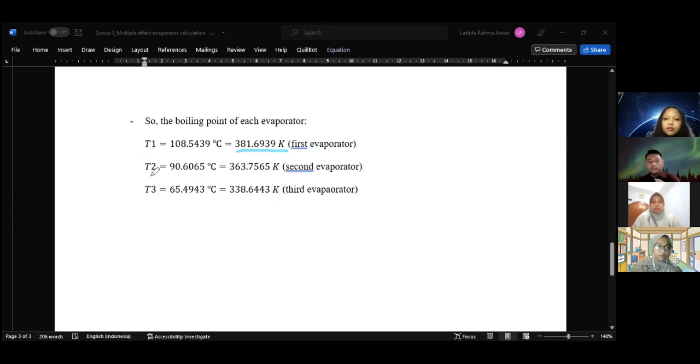For the second evaporator, T2, it is equal to 90.6065 degrees Celsius, which is also equal to 363.7565 Kelvin. And last, the third evaporator boiling point has the value of 65.4940 degrees Celsius, which is also equal to 338.6440 Kelvin. Okay, that's all for me.